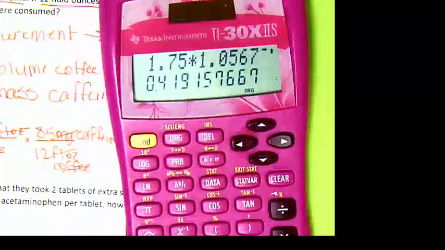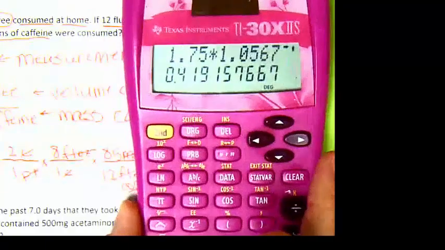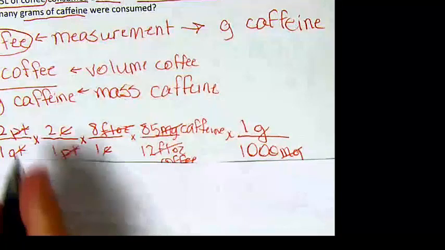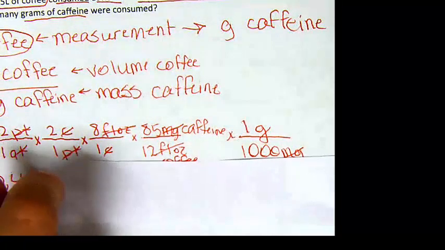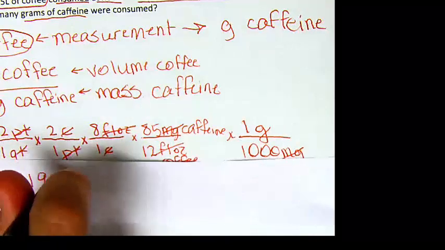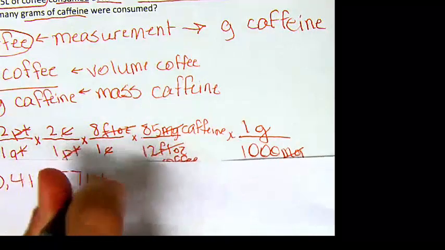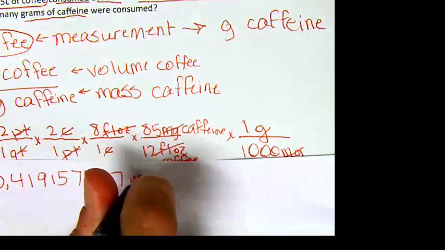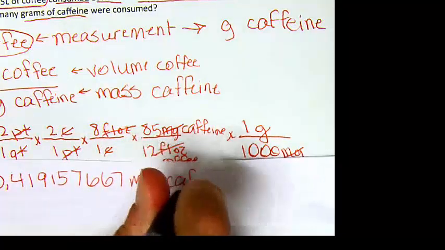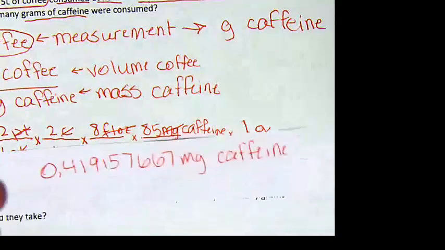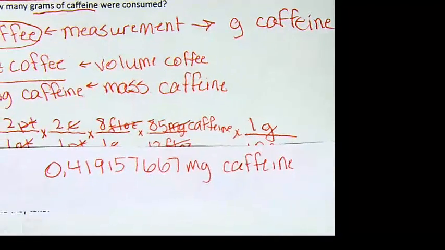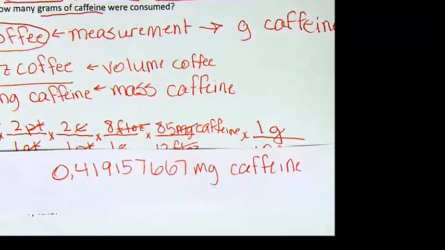So that is our calculator number. I'm going to write it on this little strip of paper. Okay, that is the calculator answer. That will not be the right answer. You have to round it.